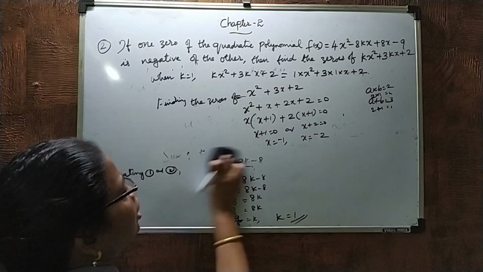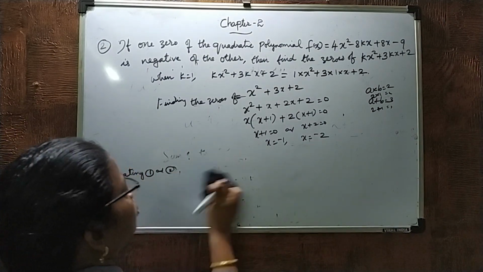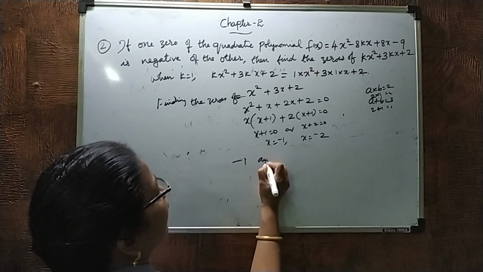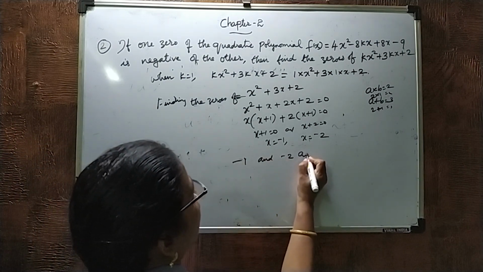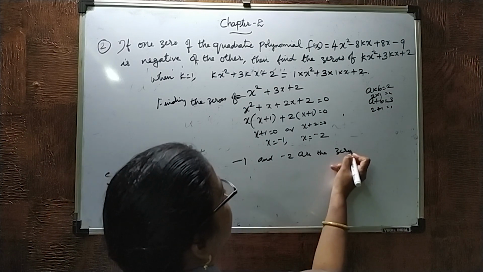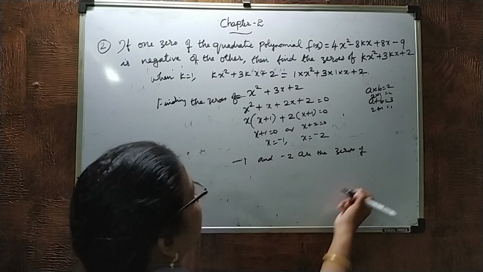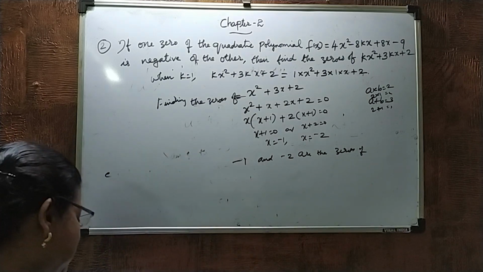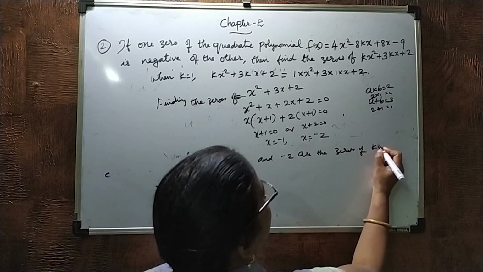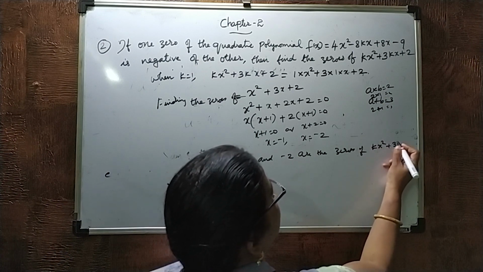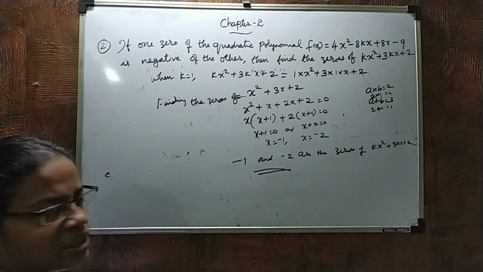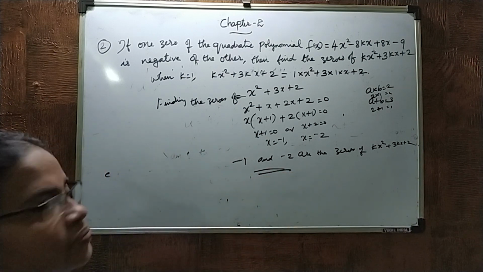So negative 1 and negative 2 are the zeros of x square plus 3x plus 2, that is, of kx square plus 3kx plus 2. So this is the answer for the second question.